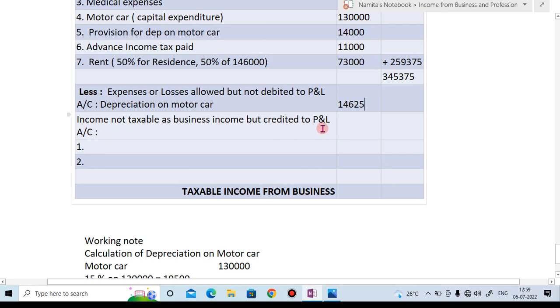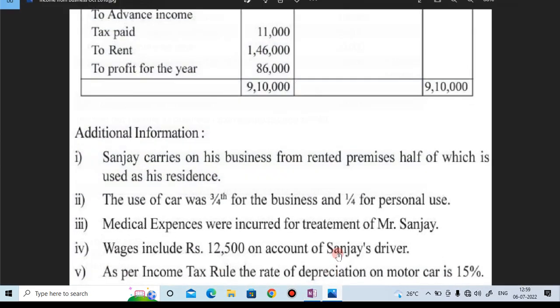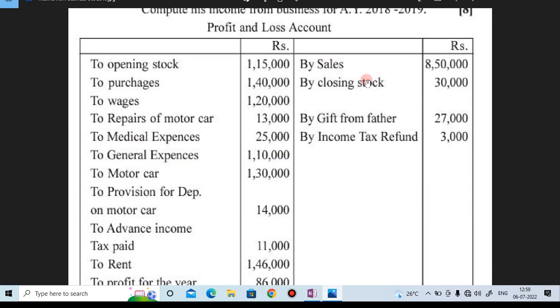After this, income not taxable as business income but credited to profit and loss account. So we have to identify the income which is not related to business income, still it is shown in the credit side of P&L account. So we have to check the profit and loss account credit side. Sales is related to business, closing stock is related to business.